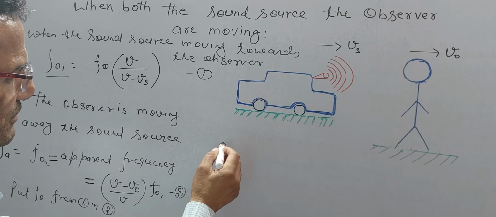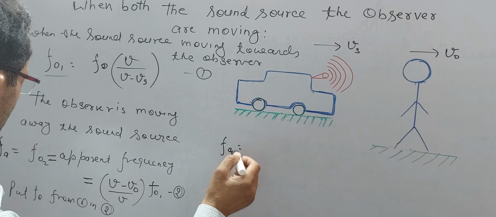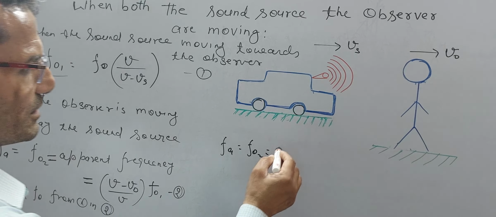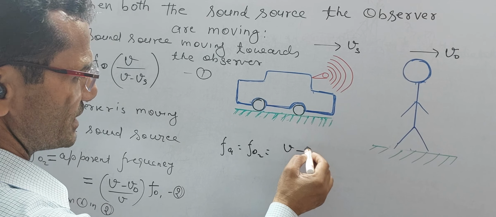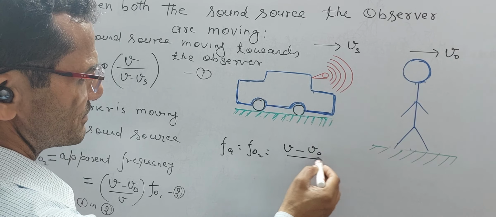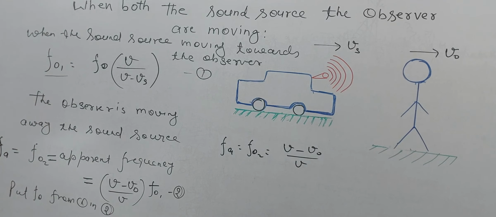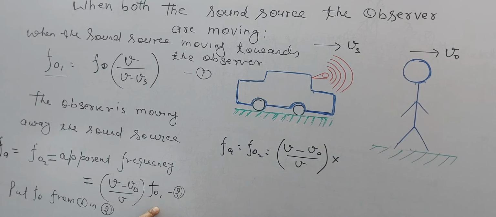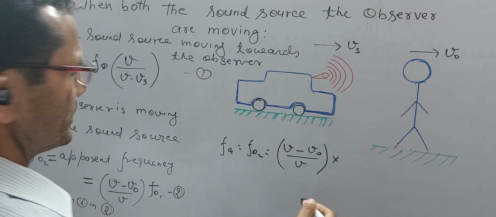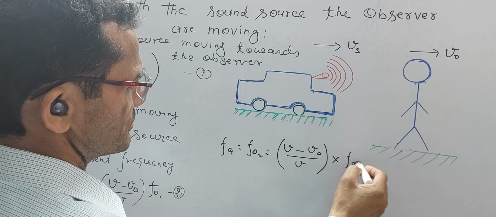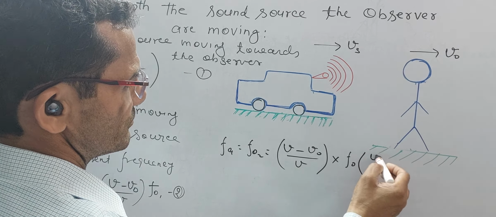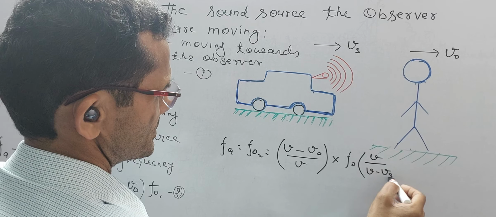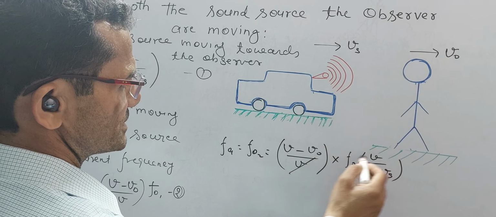So our apparent frequency FO2 is equal to V minus VO, the observer velocity, divided by the sound velocity in air, multiplied by FO1. FO1 has the value FO, the original frequency, multiplied by V divided by V minus Vs. Now this V is cancelled out.